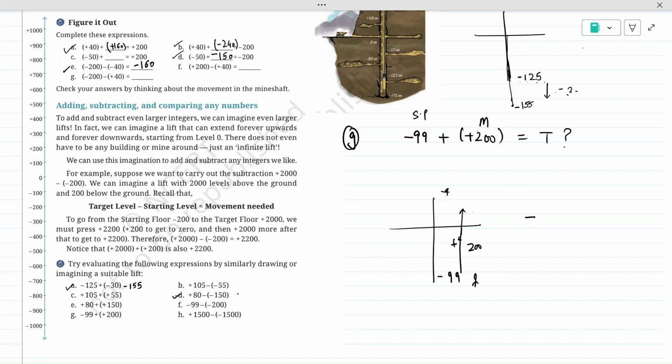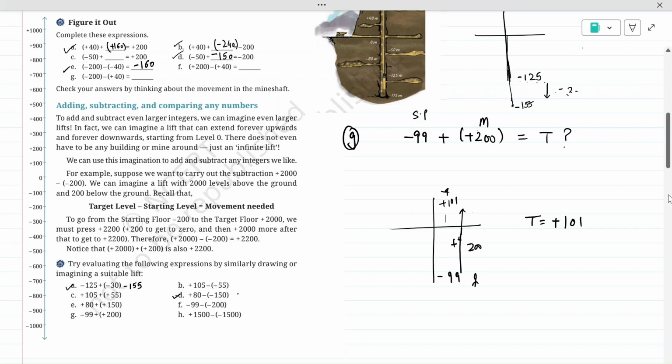So kids, here we can easily find this out, that from 99 to 200, this will be 101. This is 101 positive steps. Okay. So target will be 101 somewhere here. Okay. So this is how we have to do these questions.